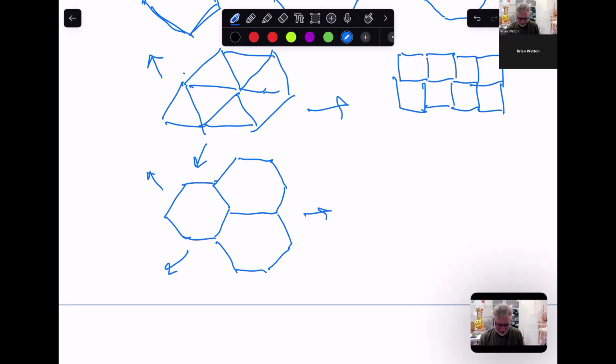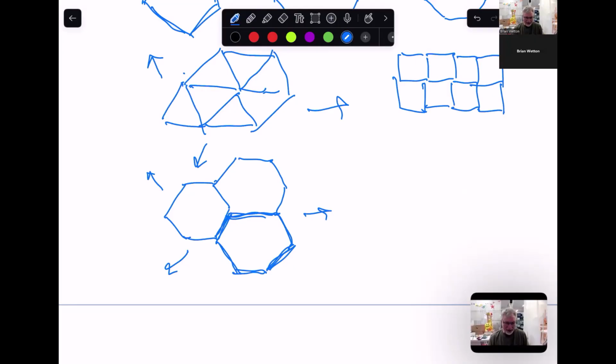There's some interesting properties about the hexagon, which is if you wanted to cover the plane with a shape that uses the least amount of ink, let's say, per area, then the hexagon is the shape that does that.